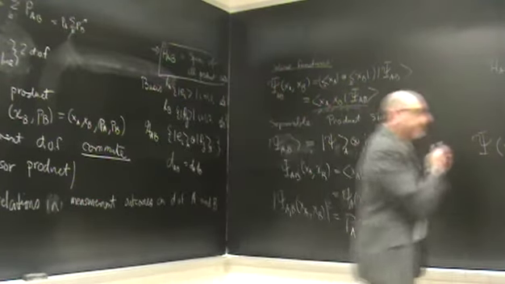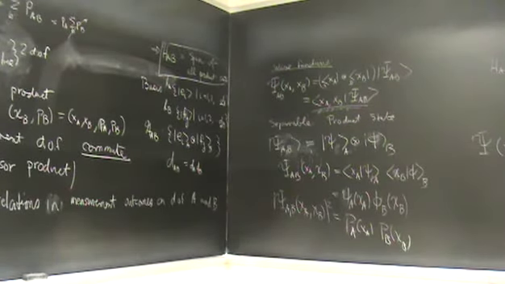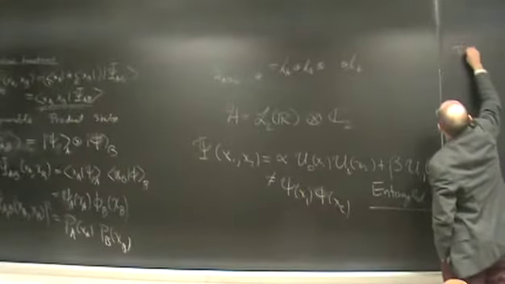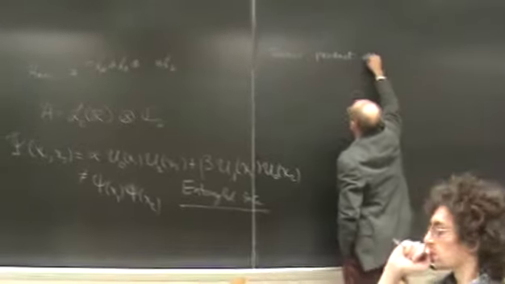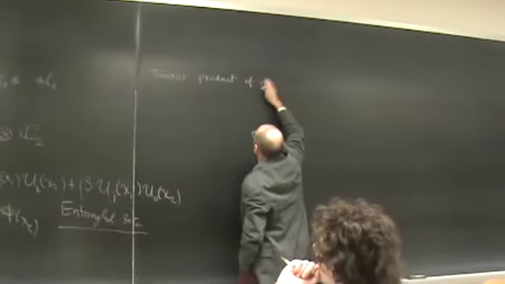Right, cool. All right, continuing then. Another piece of the formalism we talked about is the tensor product of observables or operators.